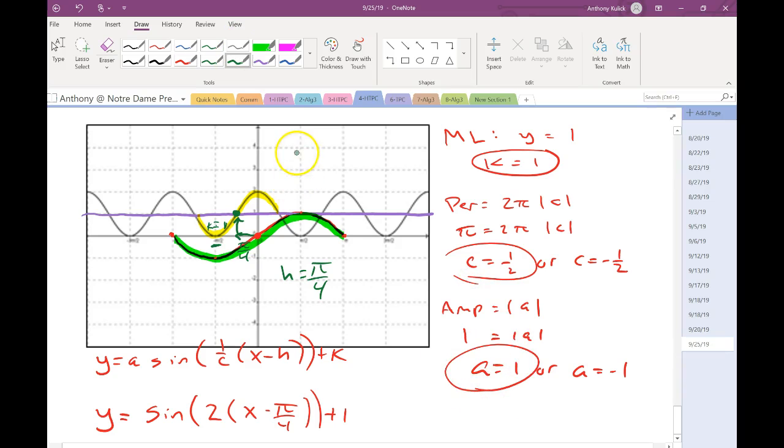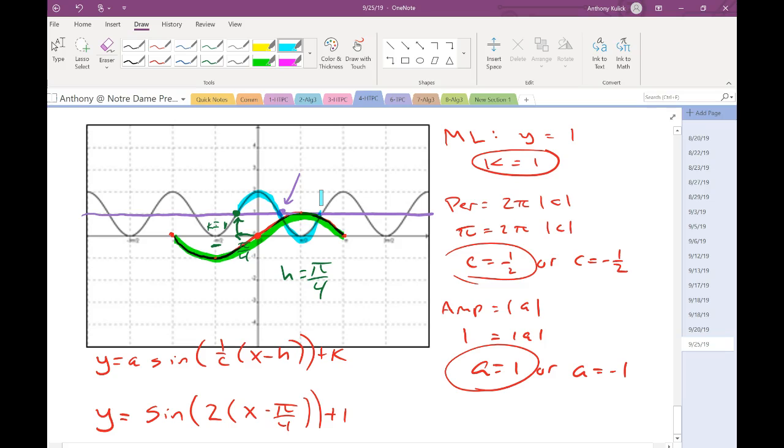Now, if I had chosen to, say, use this point as my transform point, I would have a reflection. Well, let's just examine. So again, I'm comparing the part that's highlighted in purple with this part.